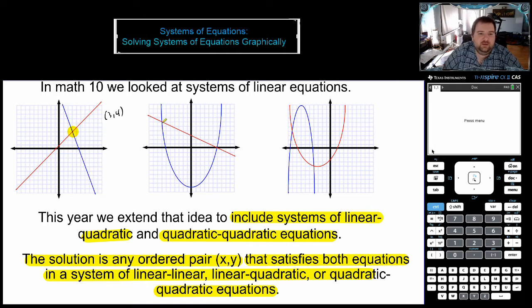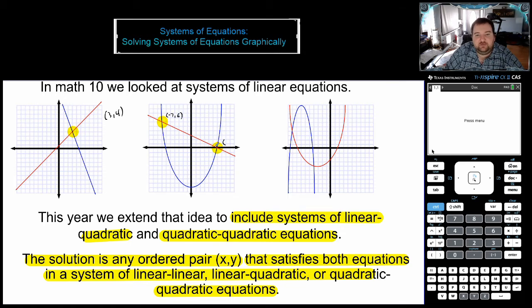And so we can see here, this is a linear-quadratic because there's a line and a quadratic equation here. And we can see there are 2 points of intersection, one there and one there. And so our solution to this one would be (-7, 6).